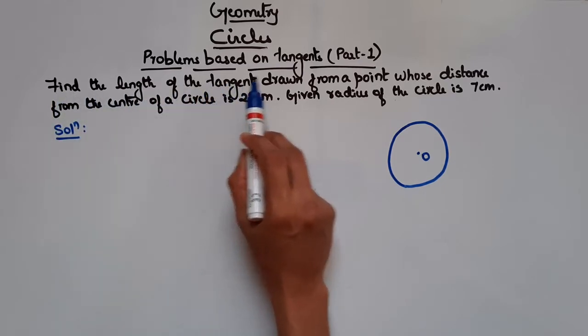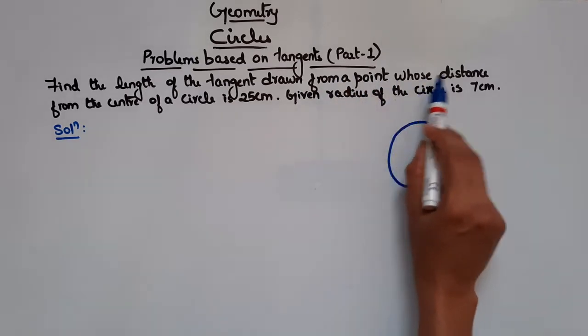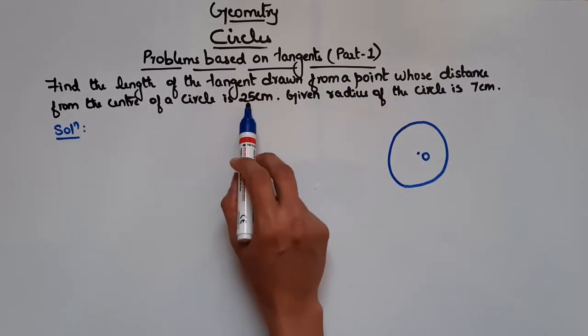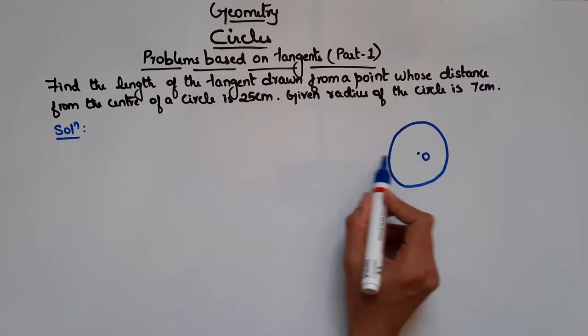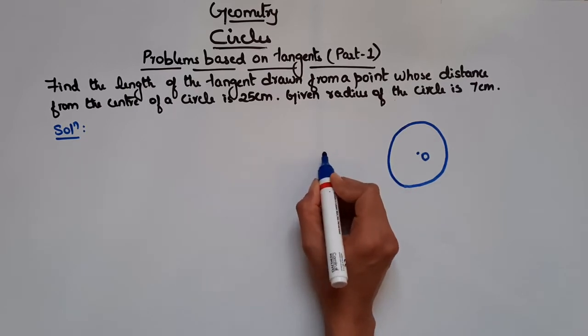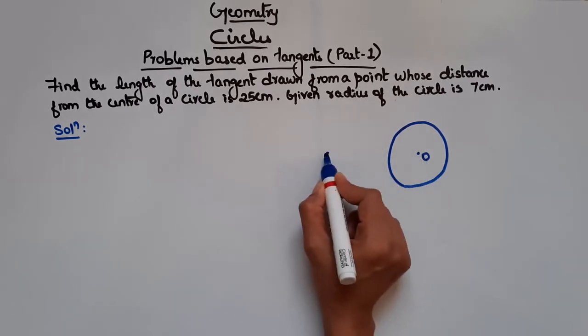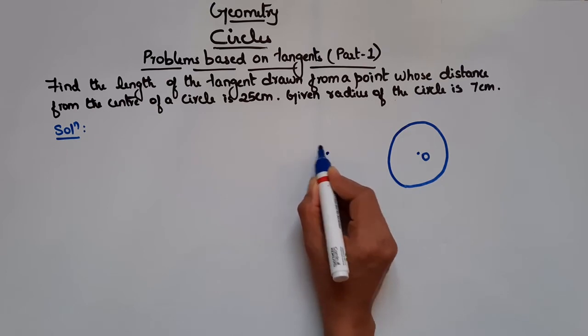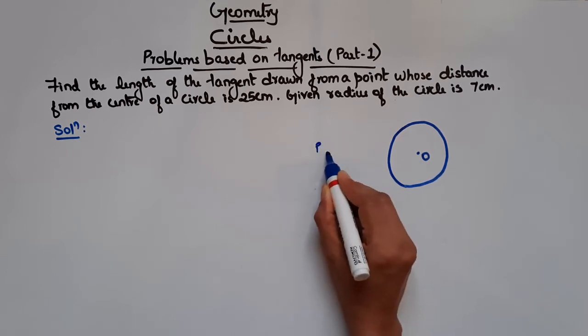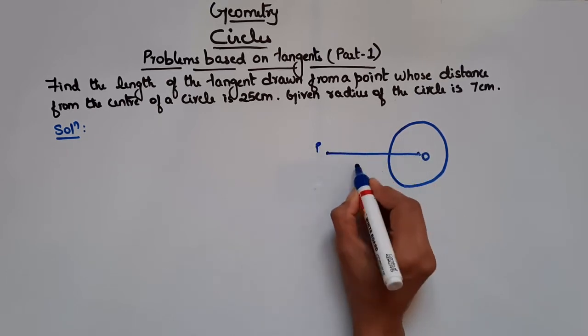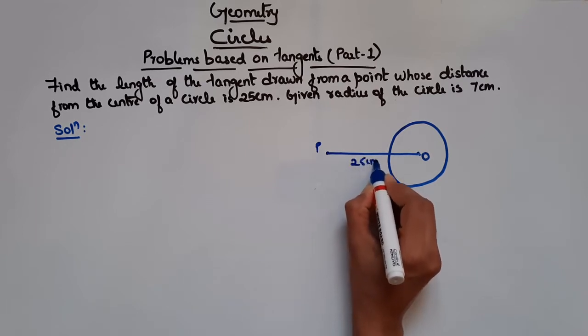That tangent is drawn from a point whose distance from the center of the circle is 25 centimeter. So let's take this point as P. So this distance is 25 centimeter, right?